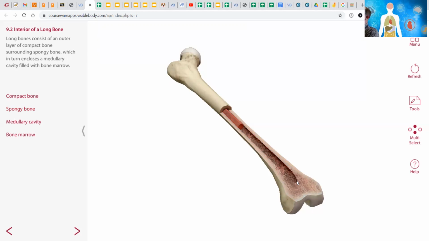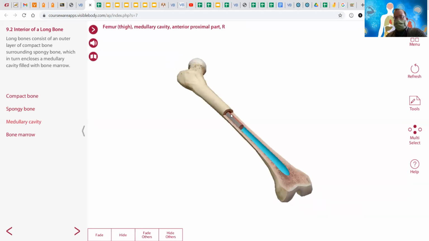Spongy bone is the site of red blood cell production. So this is where you're going to find red bone marrow, in spongy bone. Okay, red marrow in spongy bone. Forever, until you die.